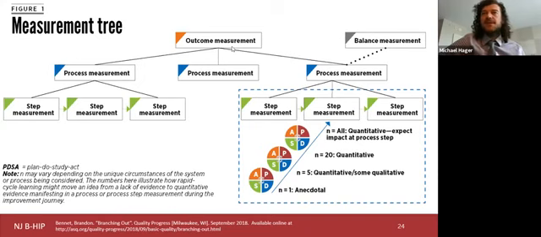So here you can see the pictorial representation of what I just said, where we have our viral suppression measure at the very top. Then we have our process measures around screening, referral, follow-up, and then step measures, the things that go into those process measures. As you can see here in the lower right corner, these individual step measures are what we're focusing on for our PDSA cycles.